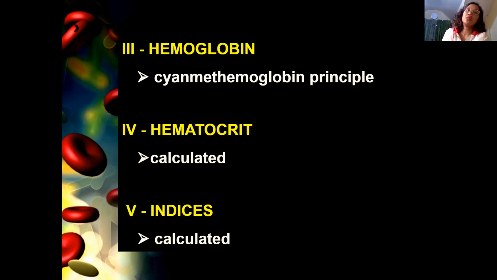So guys, just take note, because we will learn about the sources of error in analyzers. Our hemoglobin in the machine is measured through the cyanmethemoglobin principle, which uses a spectrophotometer.